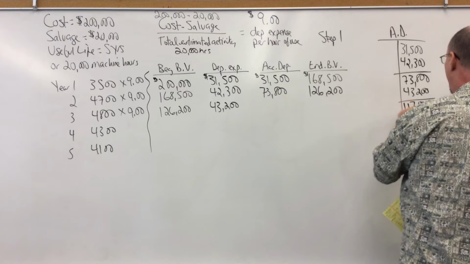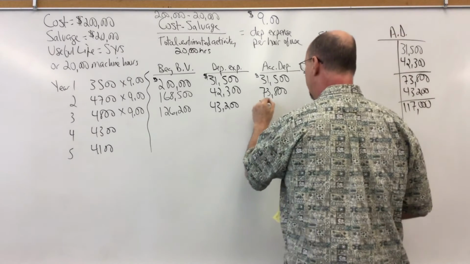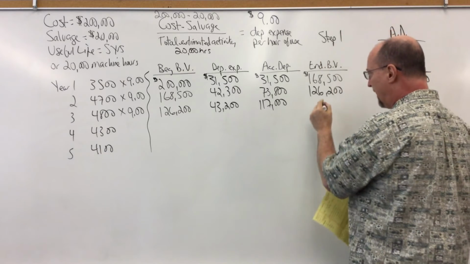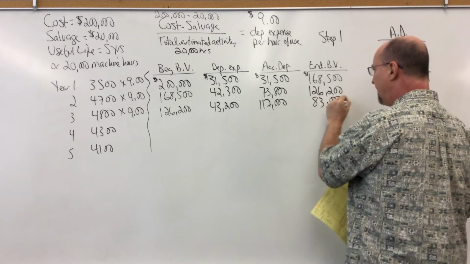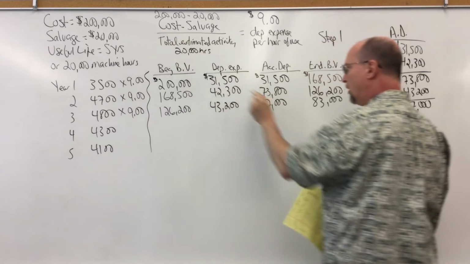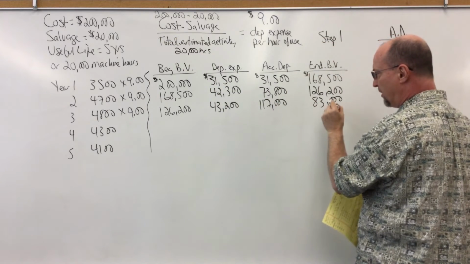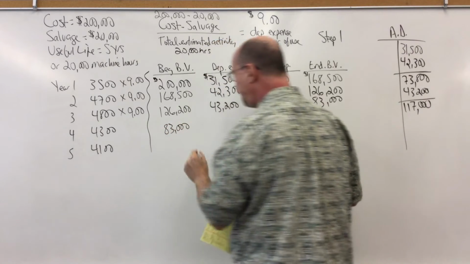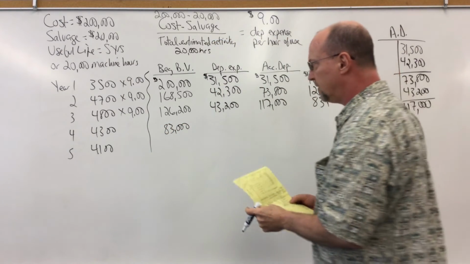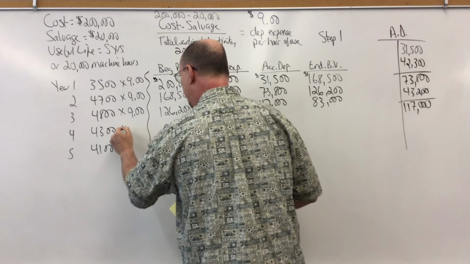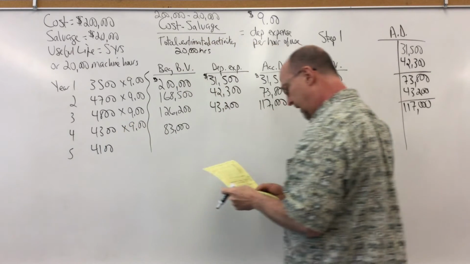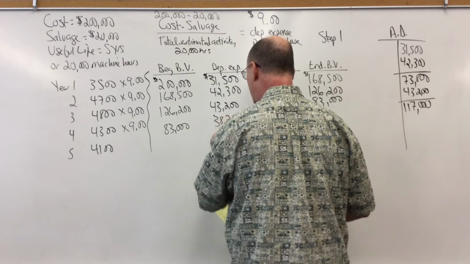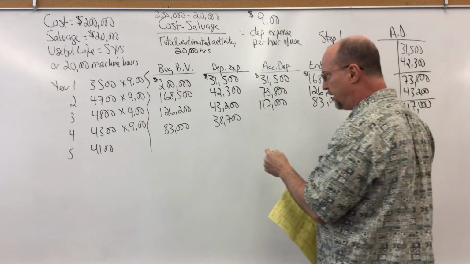I'm going to accumulate that. And what do we have here? 117 of accumulated at the end of year 3. And my book value at the end of year 3 is $83,000. Again, cost of 200 minus accumulated of 117 equals 83. Beginning of year 4, beginning book value 83,000, 4,300 times $9 of depreciation per hour gives us $38,700 of depreciation expense for year 4.